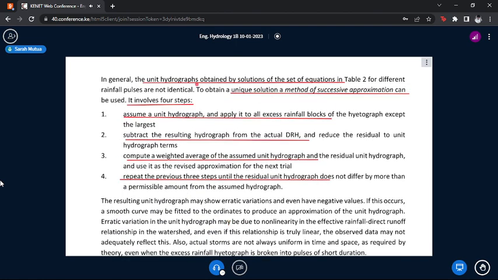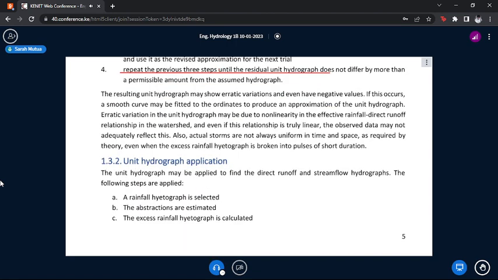Normally, if we were to get a unique solution, sometimes you may find that the resulting unit hydrograph may show erratic variation and even have negative values. And normally, if that occurs, you just fit a smooth curve into your data or into your graph of unit hydrograph.